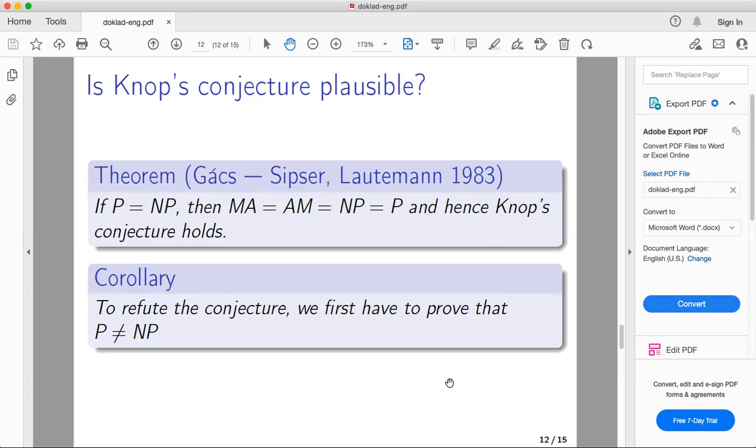And hence, we do not need randomness at all in the definition of MA and AM protocols. And so Knop's conjecture holds. And this theorem has the following corollary. To refute the conjecture, we first have to prove that P is different from NP, which is very difficult with the current techniques, as everybody knows.